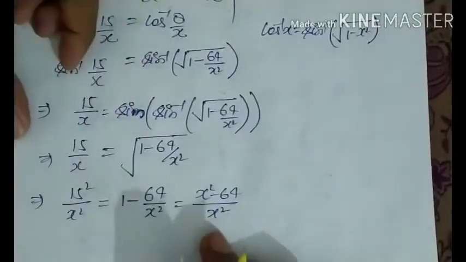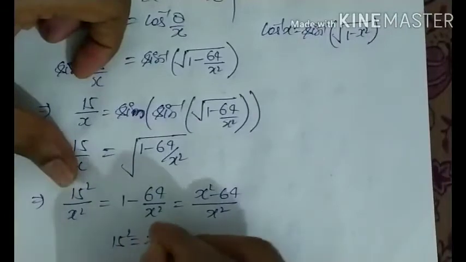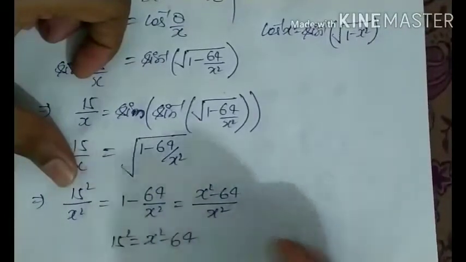X square will be cancelled out here, then 15 square equals x square minus 64.